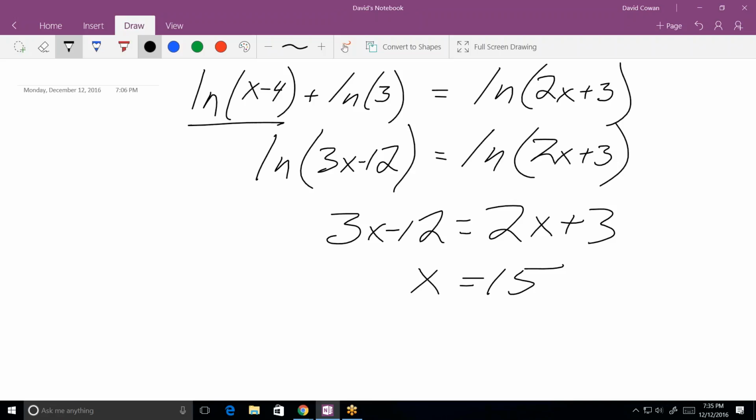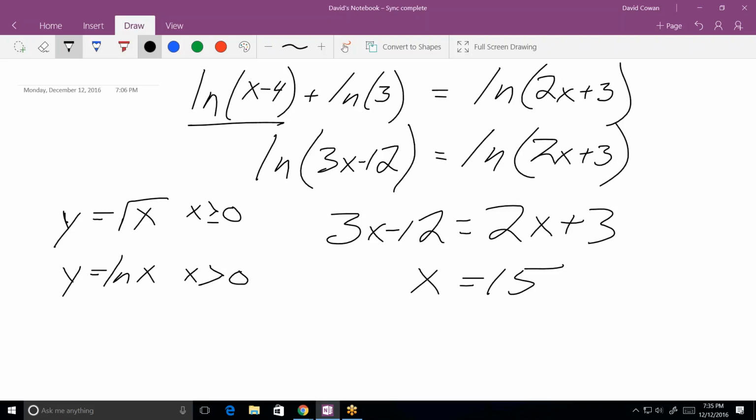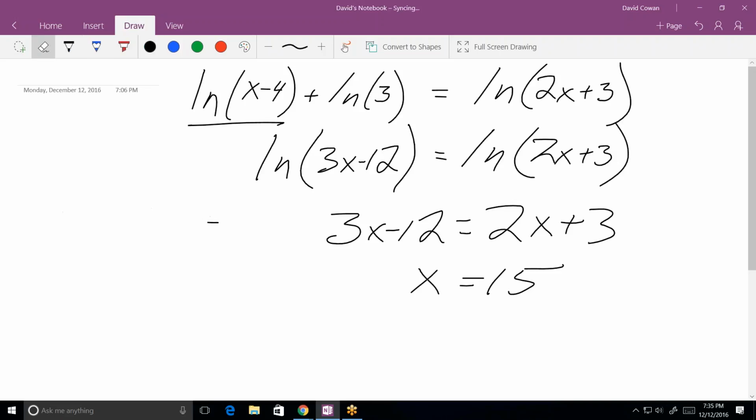It's more restrictive than the function y equals square root of x, where I can at least take the square root of 0 and positive numbers. But for y equals natural log of x, x has to be greater than 0. Log is one of the restrictive domains, because you cannot even take the log of 0. And this particular answer does not violate any of our domains, so it's fine.